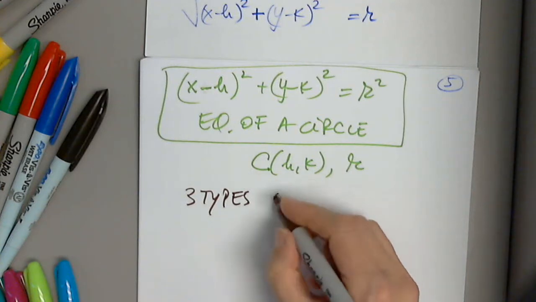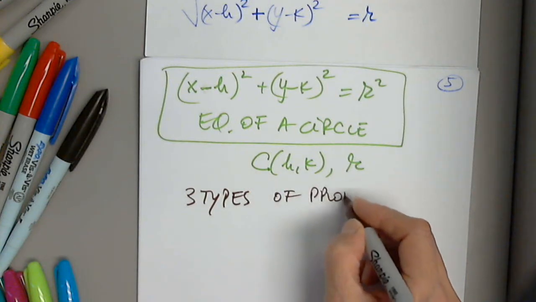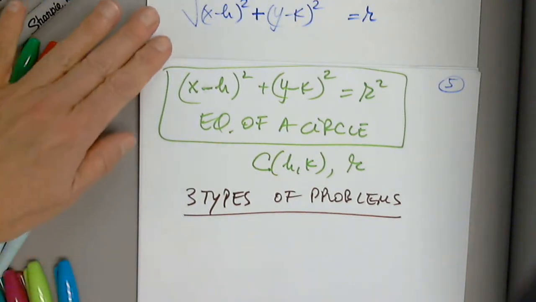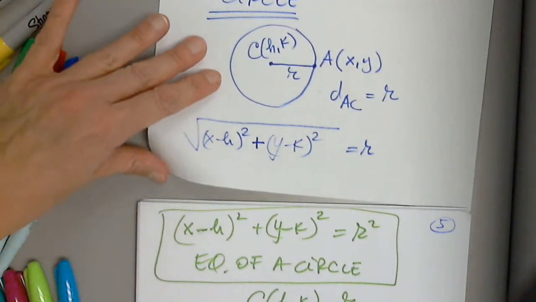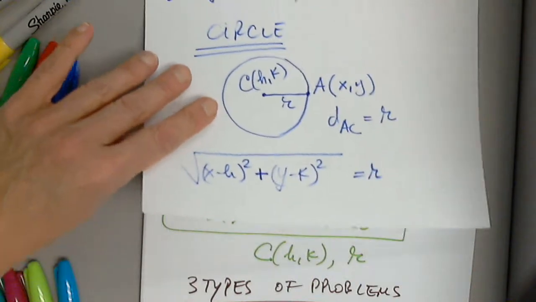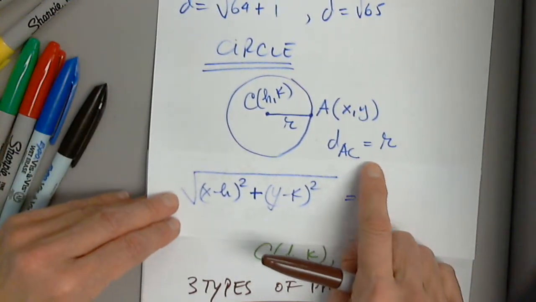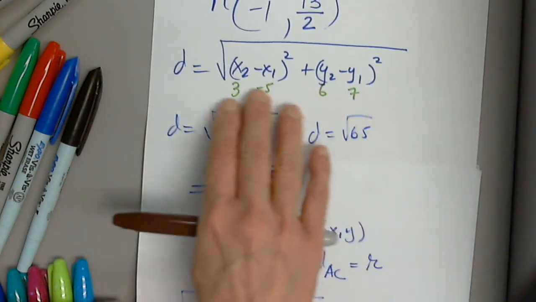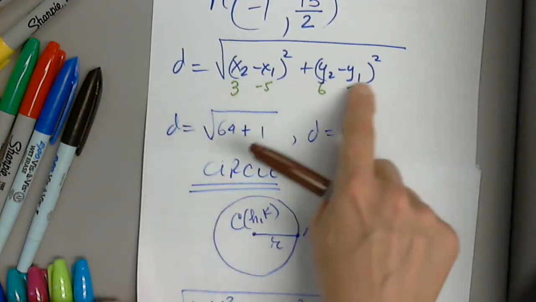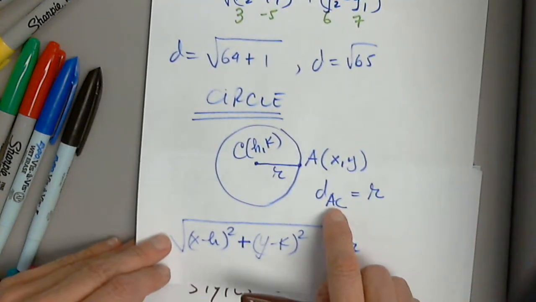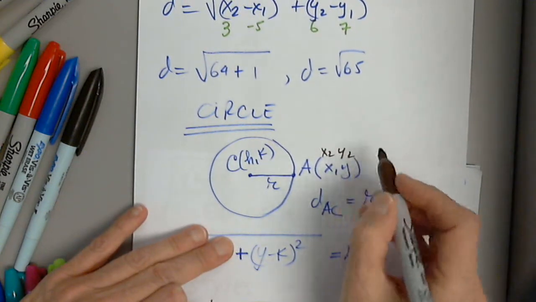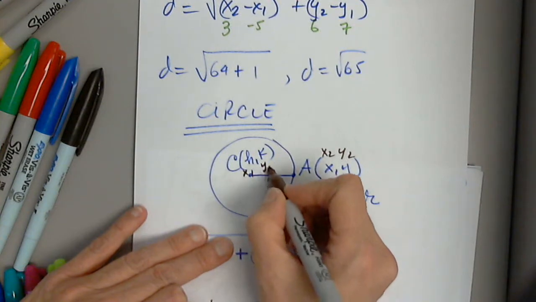Any questions for me? Yes. So the first equation, d AC equals r, and then it's the same thing as the square root of. I used the distance formula that we have here, denoting this by x2, y2, and this by x1, y1.